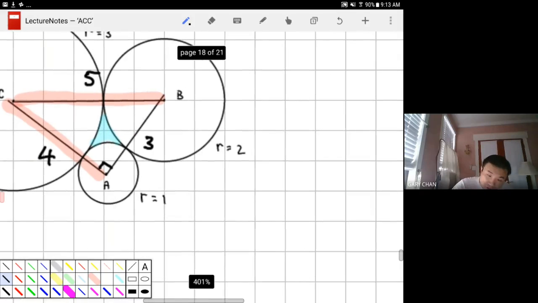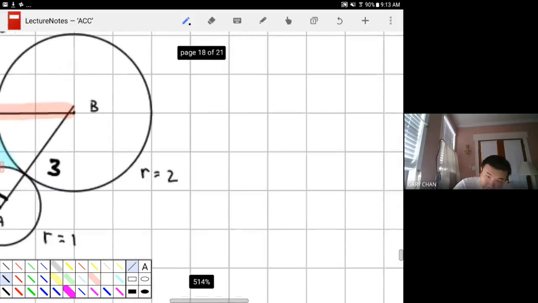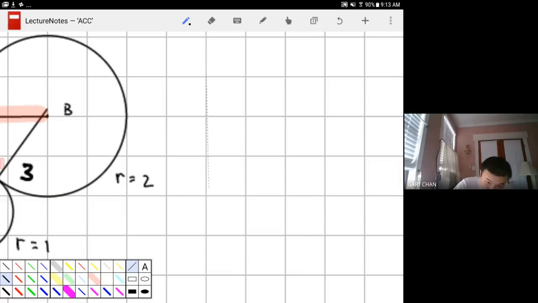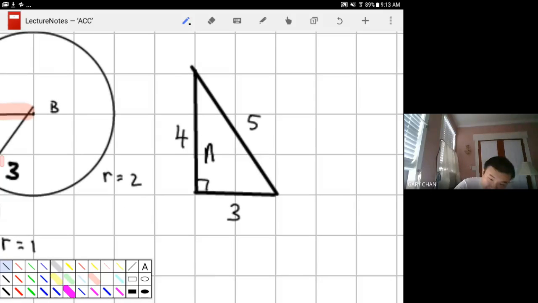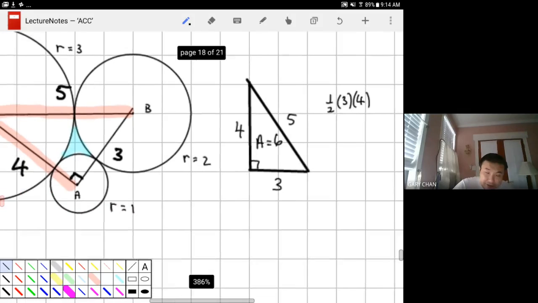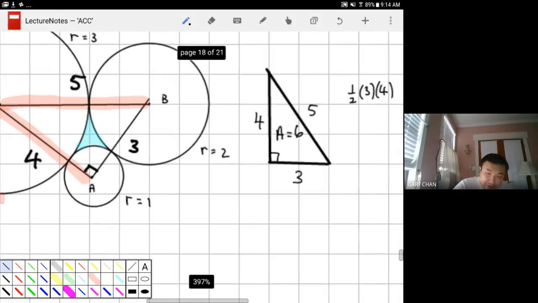So if I draw another triangle over here, this is 3, this is 4, and this is 5. The area is 1/2 base times height, so what would that be? 6. That's right. So the area of the triangle is 6.